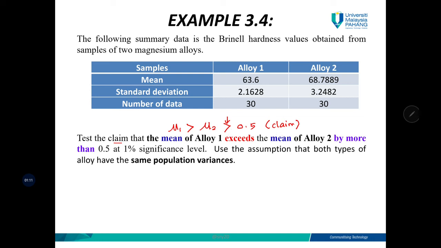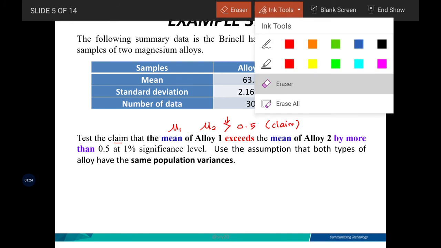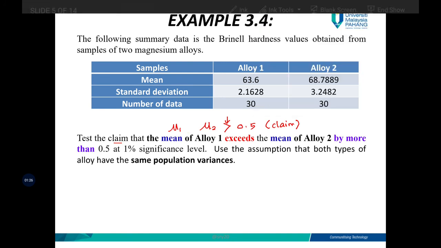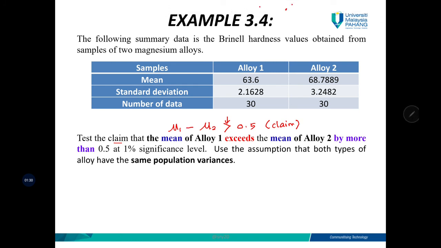For this one we need to replace with minus. And then this is the claim for this question: mu1 minus mu2 greater than 0.5.